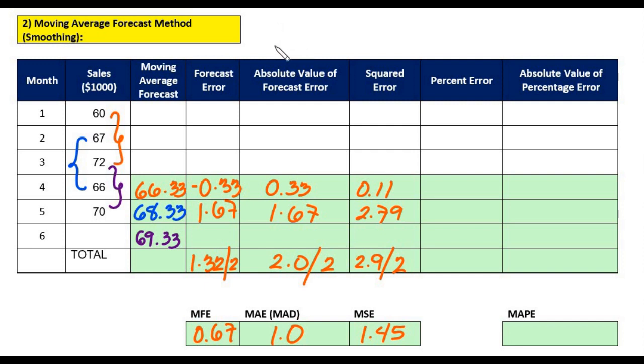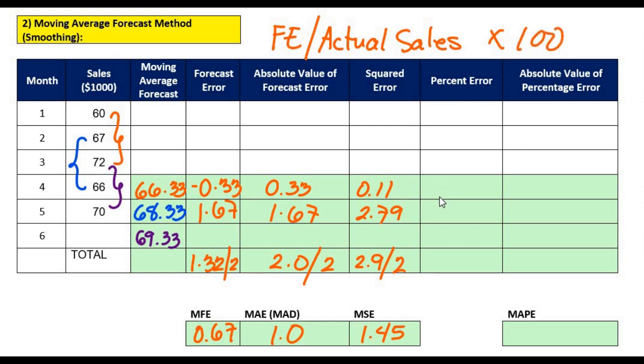Okay, for the percent error, that is the forecast error divided by the actual sales times 100. That is negative 0.33 divided by 66 times 100, that would be negative 0.5%.